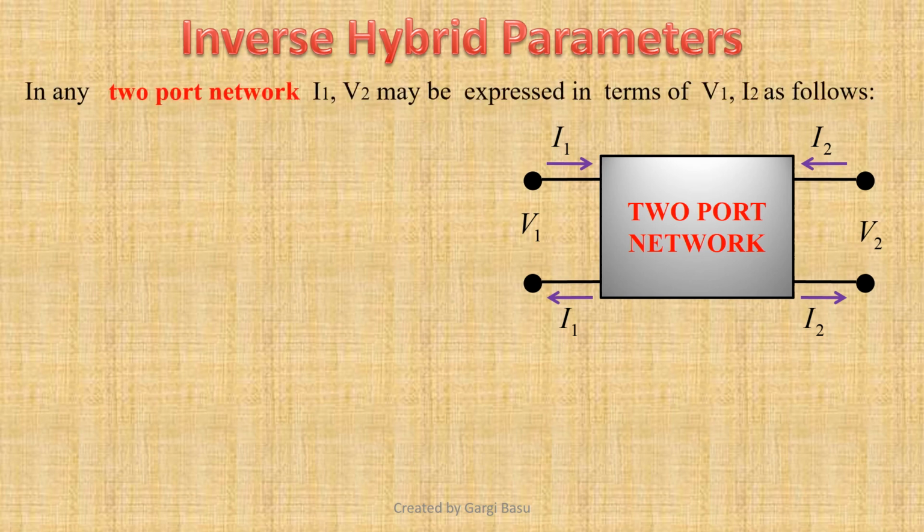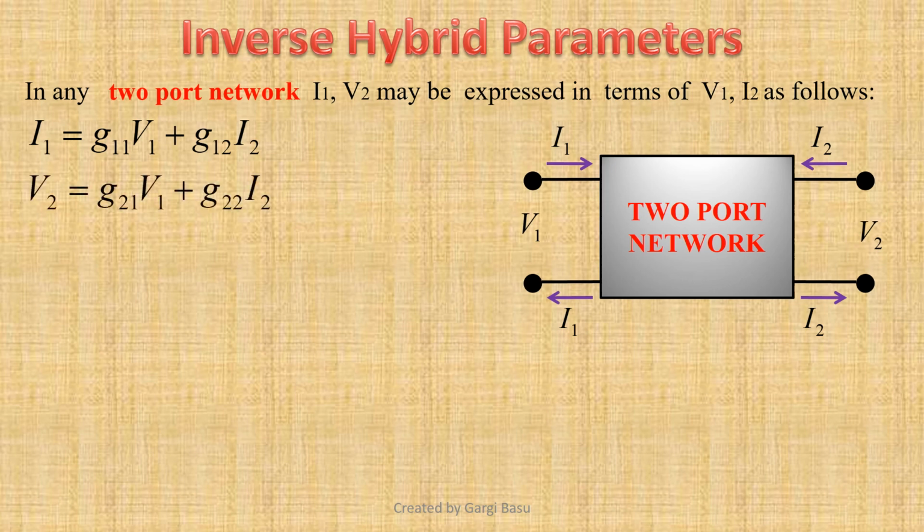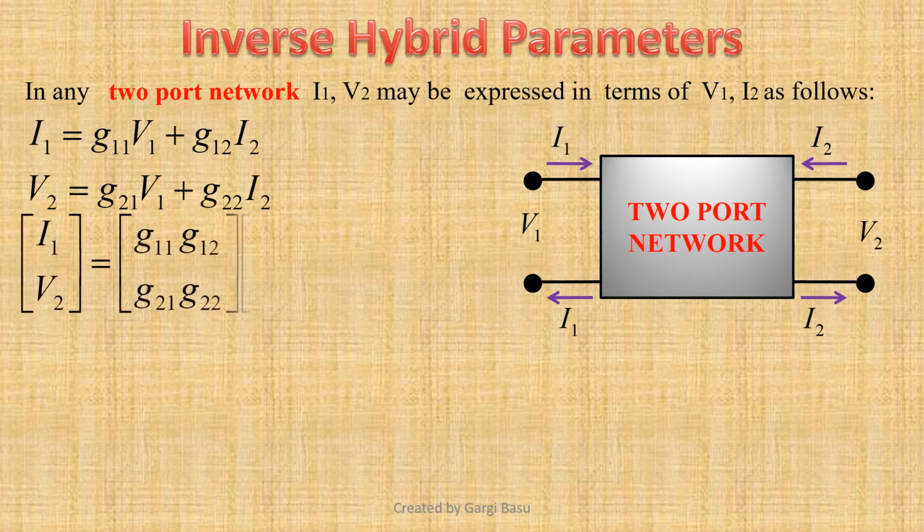The linear equations used in this case are I1 equals G11 V1 plus G12 I2 and V2 equals G21 V1 plus G22 I2. These two equations can be written in matrix form as follows. Matrix of I1, V2 equals matrix of G11, G12, G21, G22 into matrix of V1, I2.